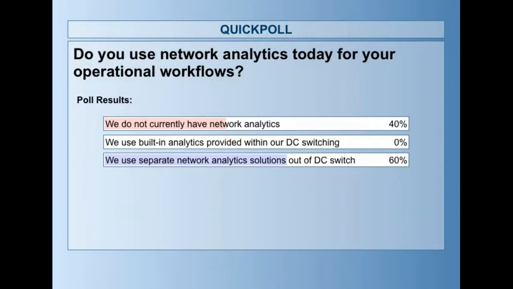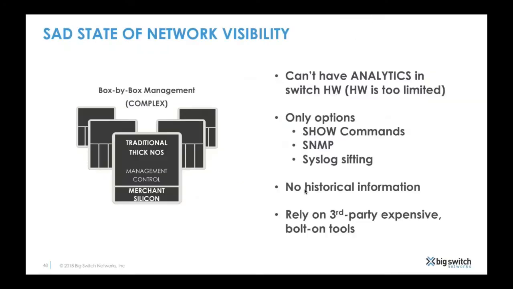So either you have no analytics, which is why 0% makes sense for built-in, or you would have to deploy a third-party solution to get analytics out of your data center fabric. That's really the sad state of network visibility. In a box-by-box network, we can't have analytics built in because the hardware is too limited.